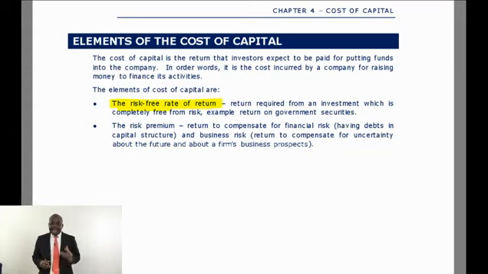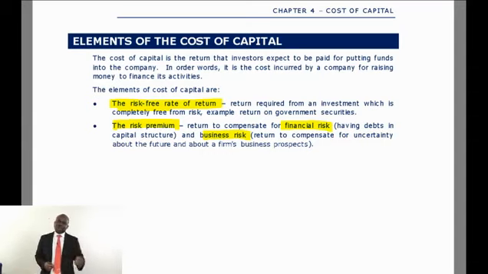However, if that activity has got a business risk and a financial risk, the person giving you the money will charge you extra return to compensate for that business risk and that financial risk. And any return to compensate for risk is what is called risk premium. So cost of capital will reflect your level of risk, which we are doing from the point of view of a company.